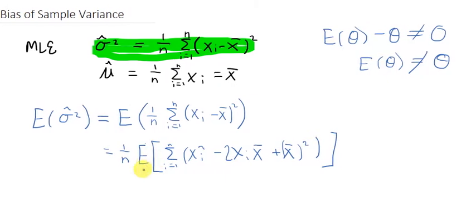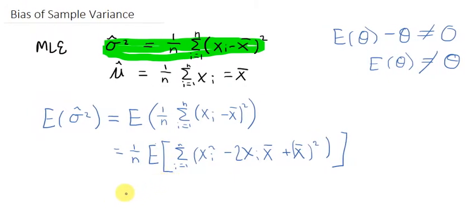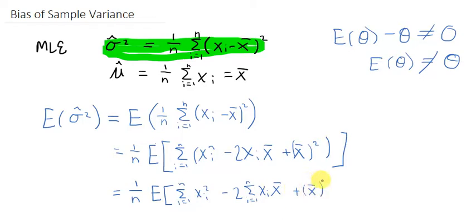Factoring this out, we're simplifying this a little bit more. We have the sum i equals 1 to n of xi squared minus 2 times the sum i equals 1 to n of xi x bar plus x bar squared.